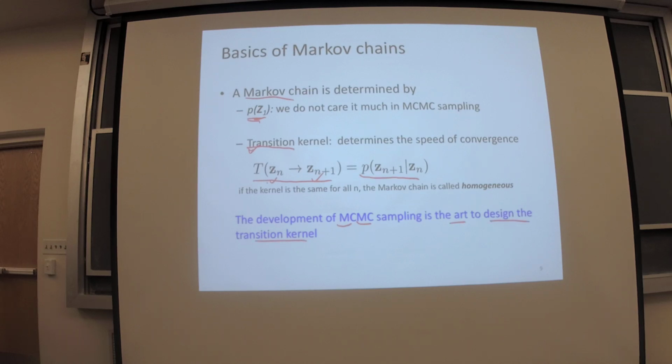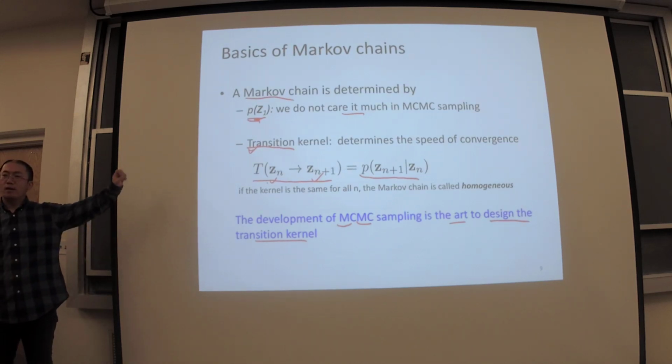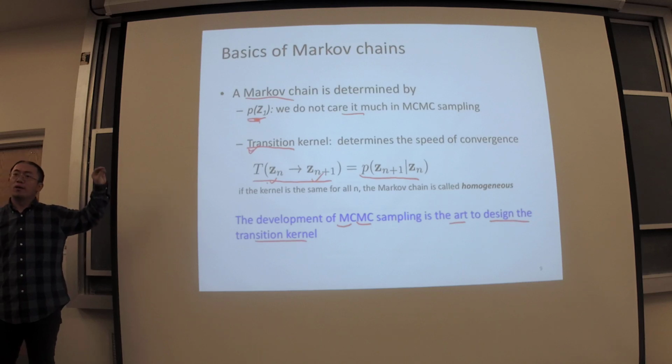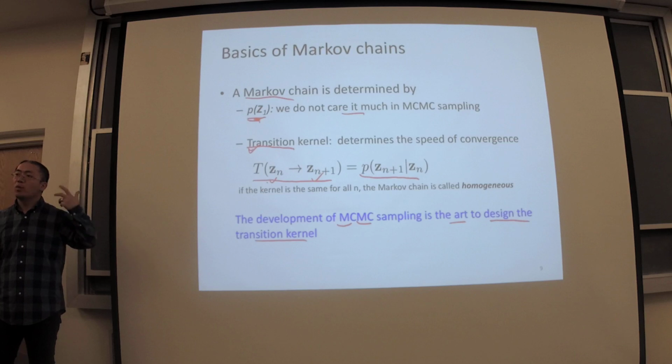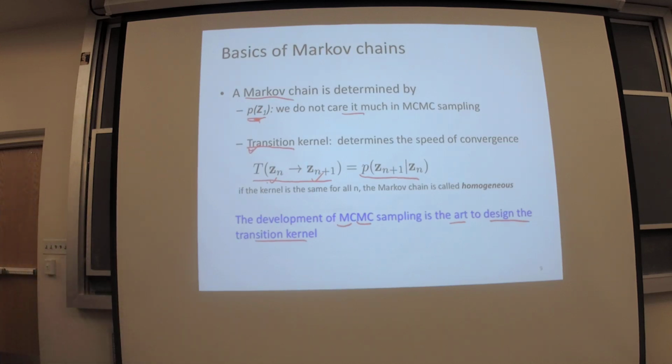Because in Markov chain Monte Carlo sampling, we do not care much about the initialization. Why? Because from arbitrary initialization, I want the distribution of my random variables to finally converge to the true posterior. That's why we do not care much. And we want to build special Markov chains that always converge to the true posterior.